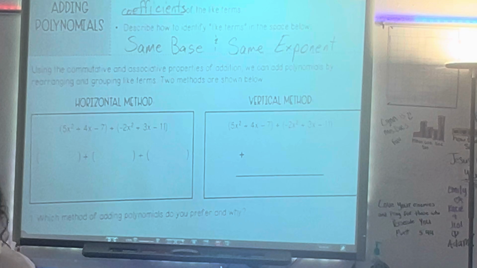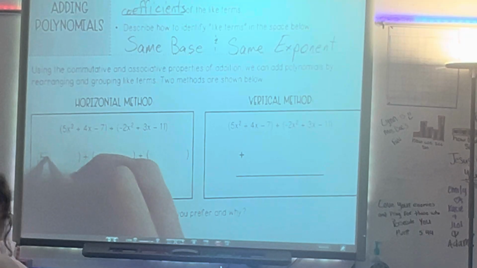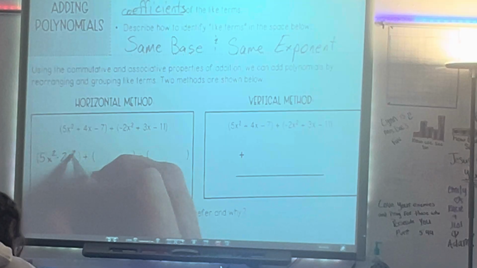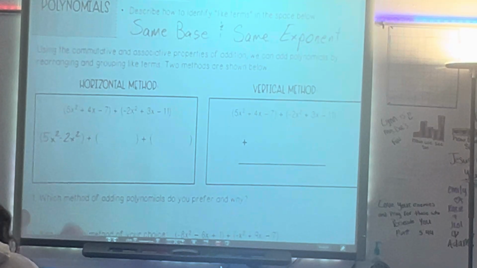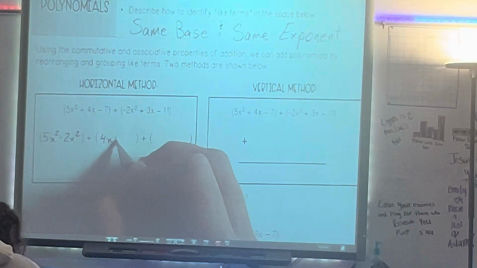Alright, everybody okay there? Alright, so one way that they do this is the same way we talked about earlier in the year, which is by regrouping. So if I'm going to regroup, then I'm going to put my 5x squared here and my minus 2x squared here. Is everybody okay with what we're doing here? Then what would go in this one? 4x plus 3x.